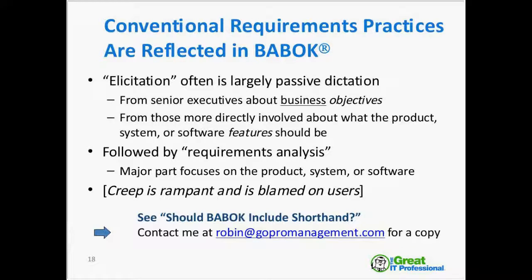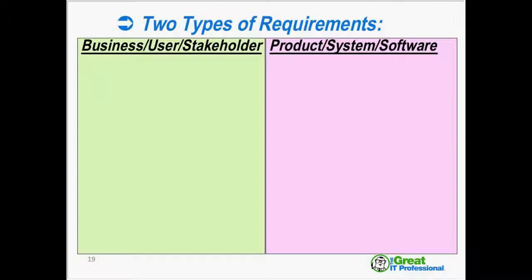So I'm going to make a distinction from what you may be accustomed to, and certainly what's in BABOK and much of the conventional literature and wisdom on requirements. And I'm going to make a distinction between two types of requirements: business or user or stakeholder or customer requirements.